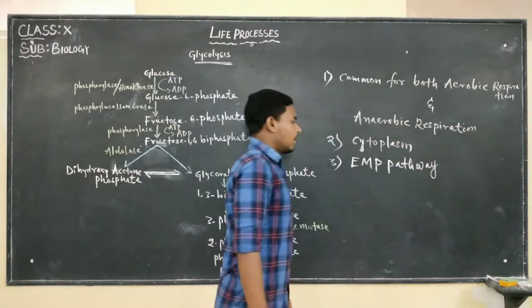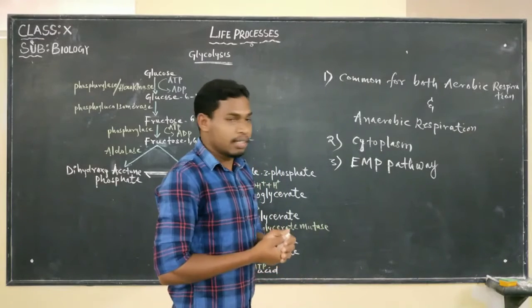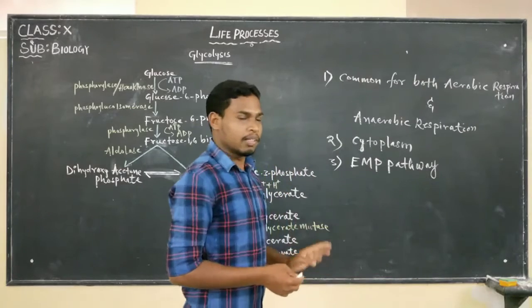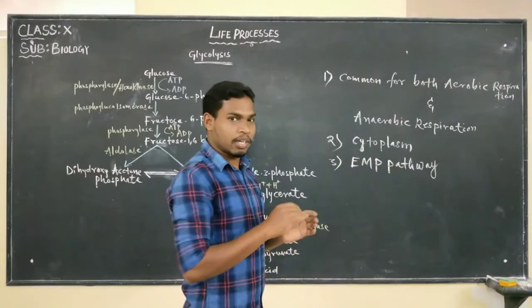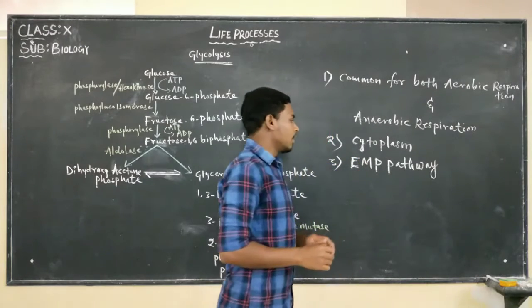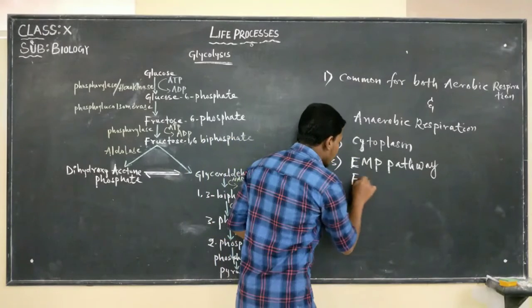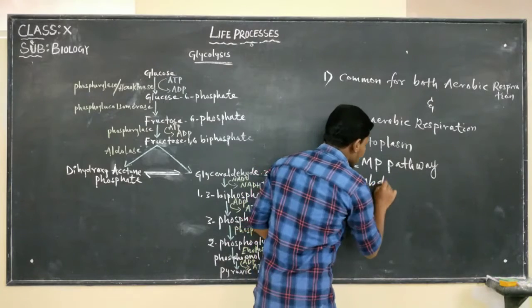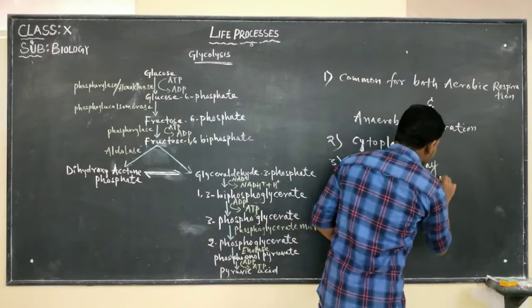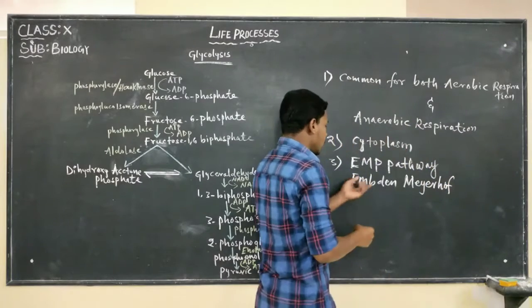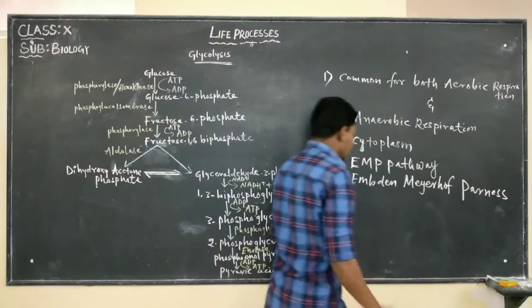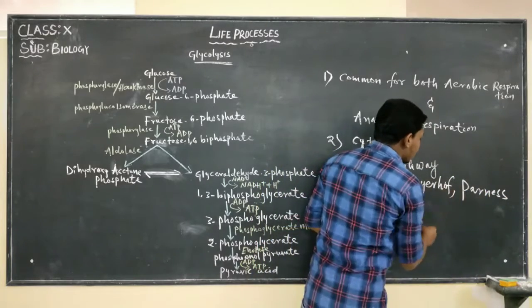Why is it called the EMP pathway? There were 3 scientists who discovered this pathway, and based on their names the EMP pathway is named. E means Emden, M means Meyerhof, and P means Parnas.